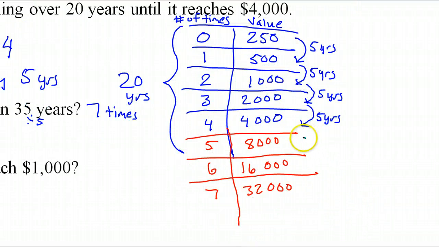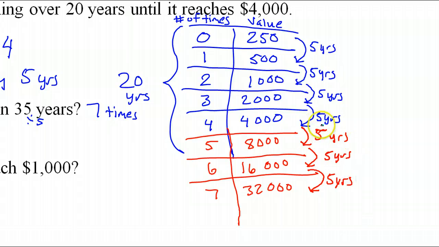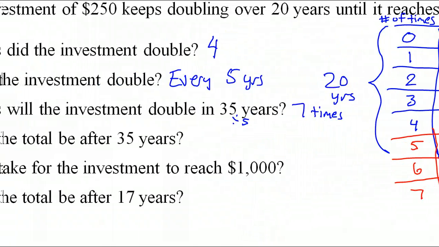Like I was saying, this would be another 5 years and another 5 years and another 5 years. So 5, 10, 15, 20, 25, 30, 35 years, double 7 times, the value is $32,000.